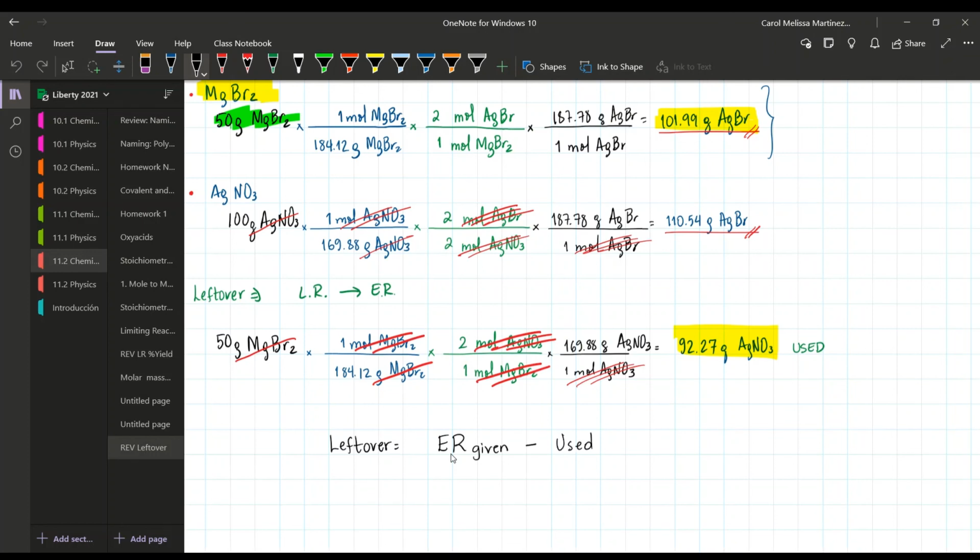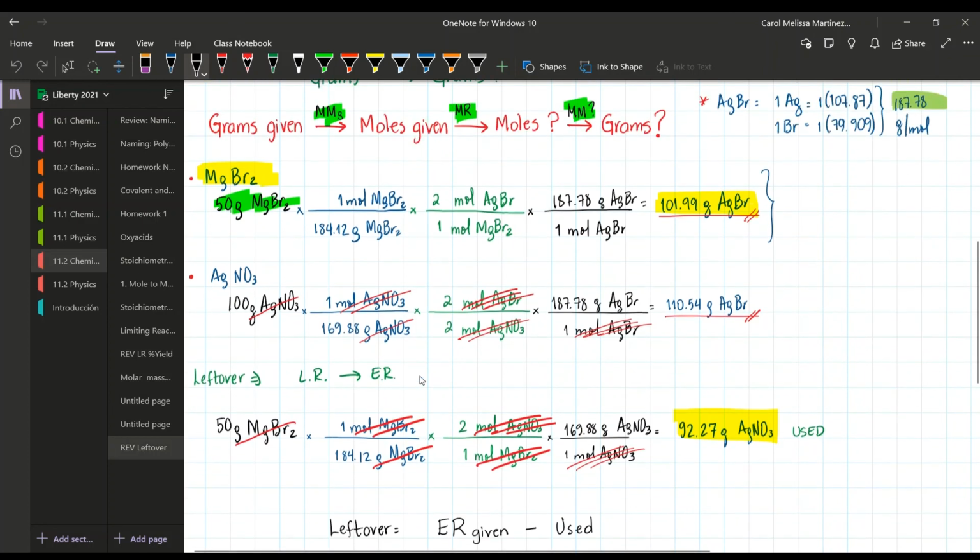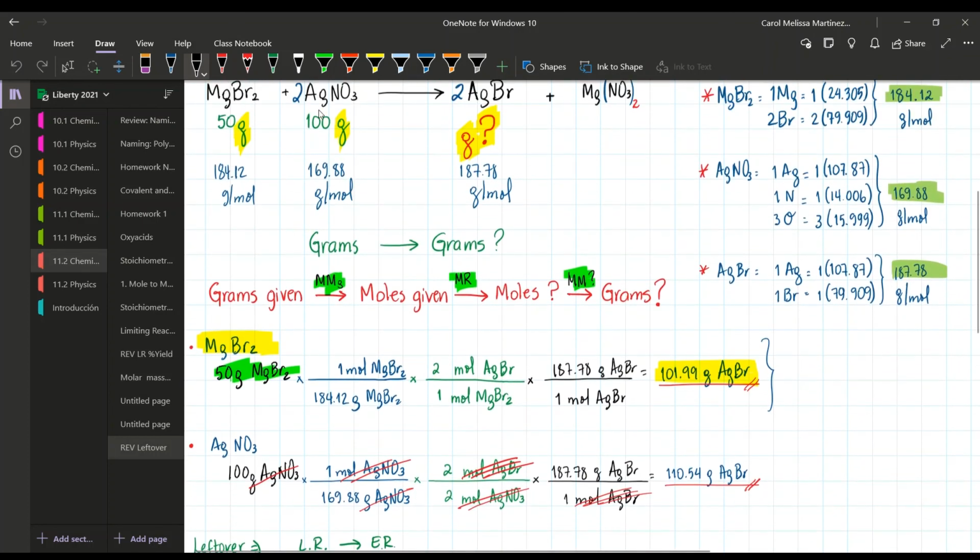The problem gave me the excess reactant, remember that is silver nitrate. This is the limiting reactant, MgBr2, and AgNO3 is the excess reactant.